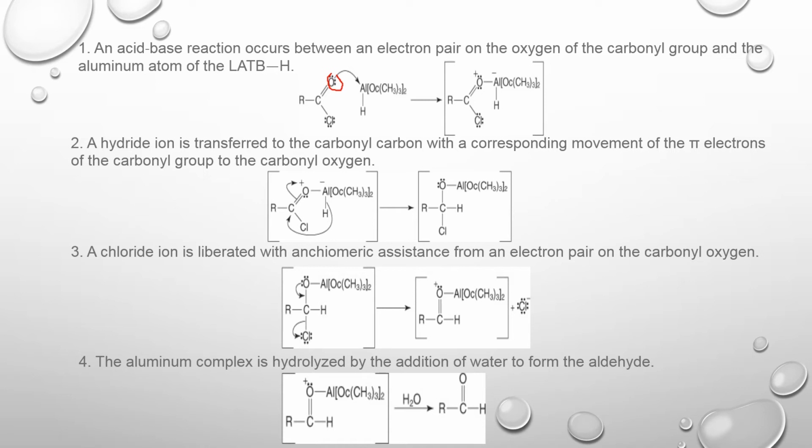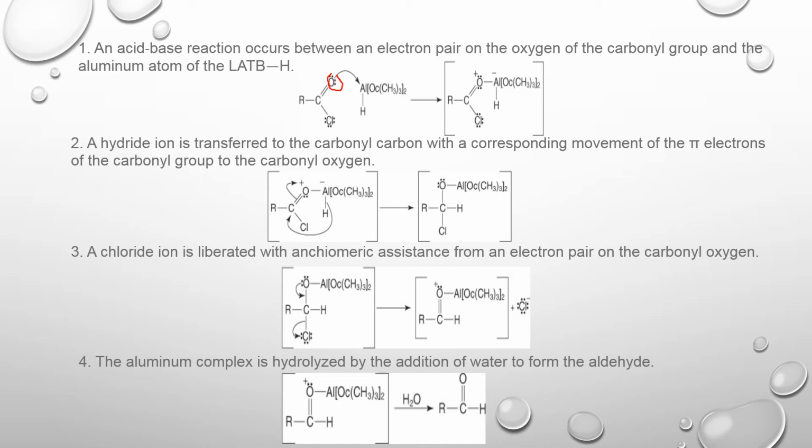So overall, this reaction takes place in four steps. In the first step, reaction between the electron pair of oxygen of the carbonyl group and the aluminum atom takes place, and then hydride ion is transferred to the carbonyl carbon of the acyl group.